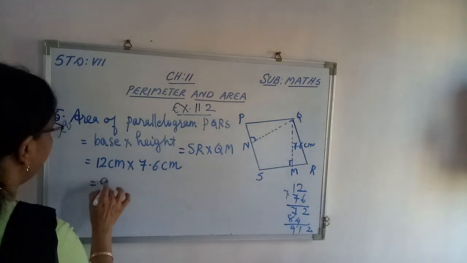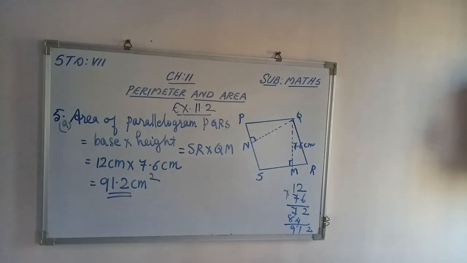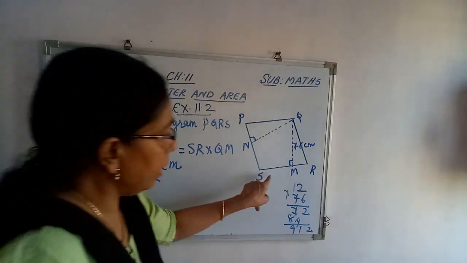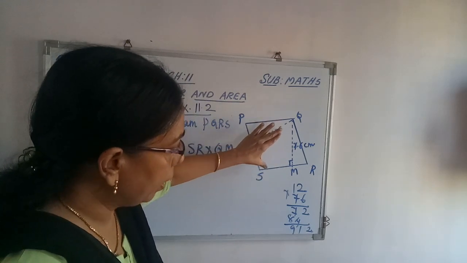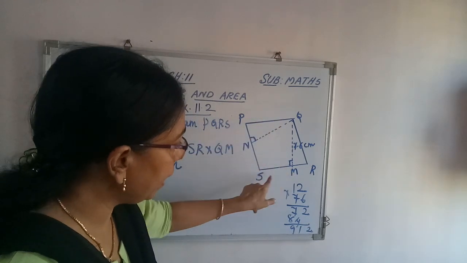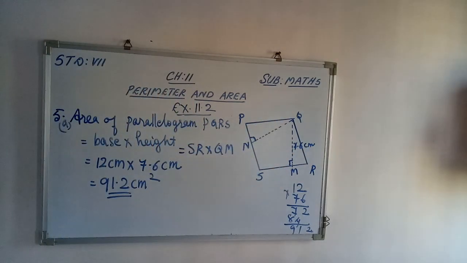The answer will be 91.2 centimeter square. Is that clear? So that's our first sub question of question 5. Parallelogram area you find using the formula base into height, base SR multiplied by height QM.